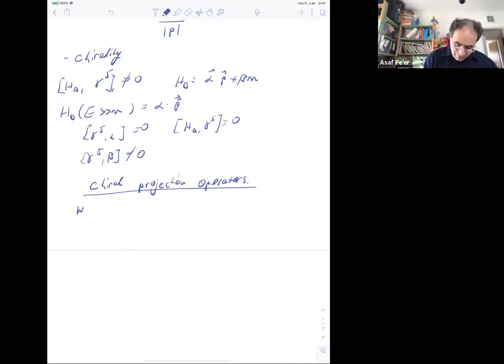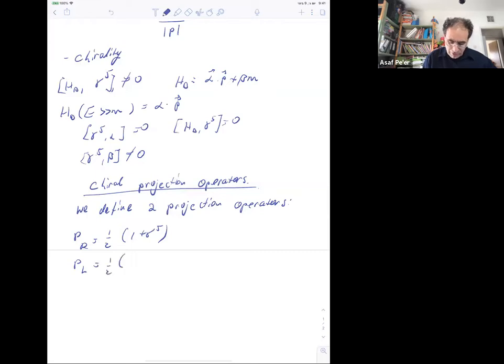So we define two operators. P_R is 1/2 (1 plus gamma 5), and P_L is 1/2 (1 minus gamma 5).